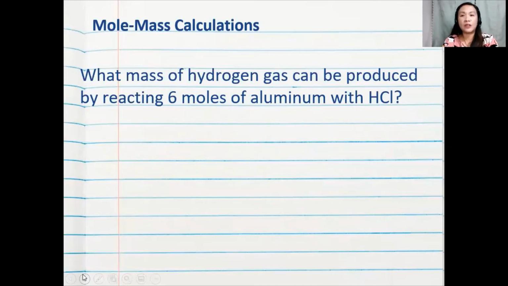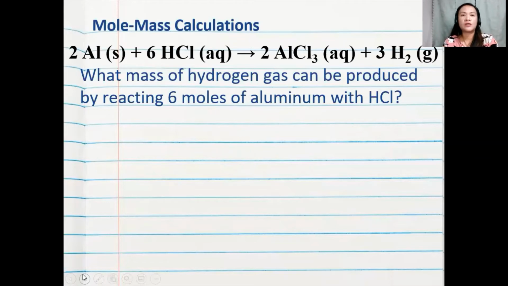So again, for this problem, the first thing that we need to do is write the balanced chemical equation. And so we get 2 aluminum plus 6 HCl will form 2 aluminum chloride plus 3 H2. So since we know now our balanced chemical equation, let's first write our given.